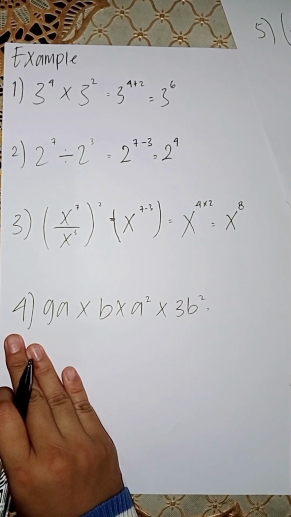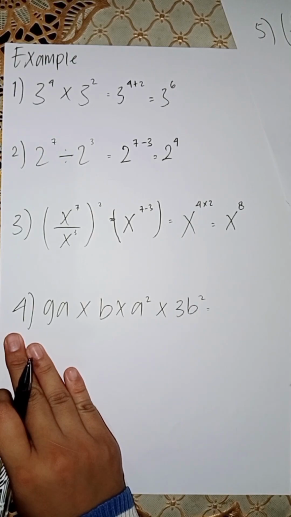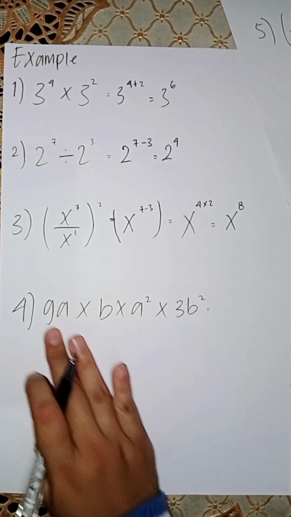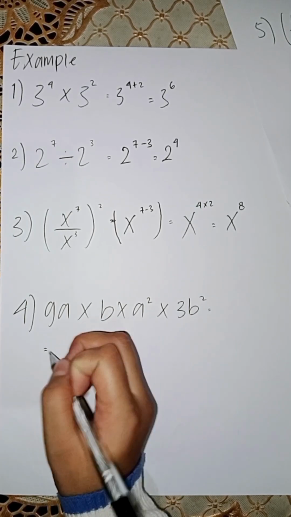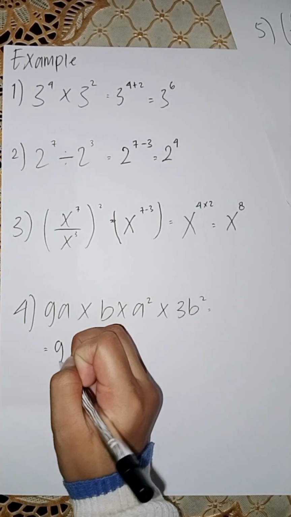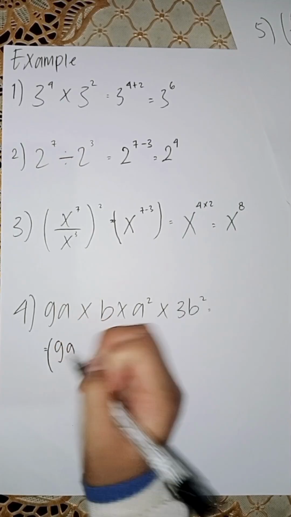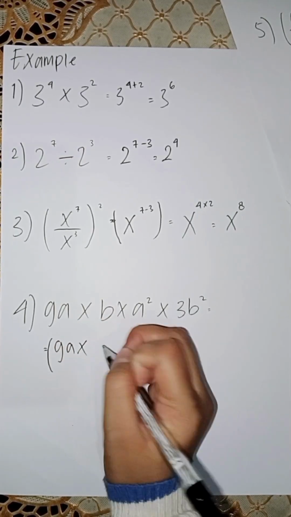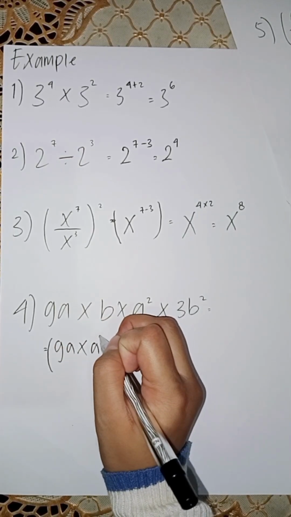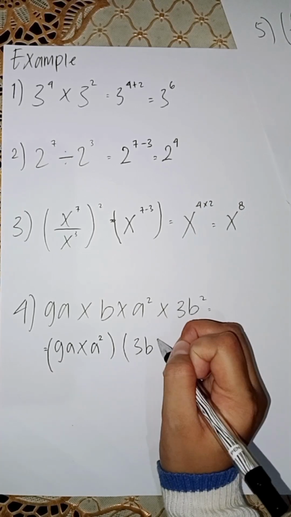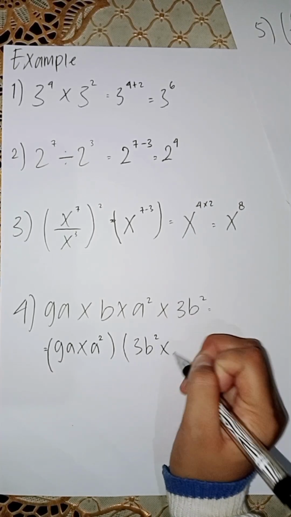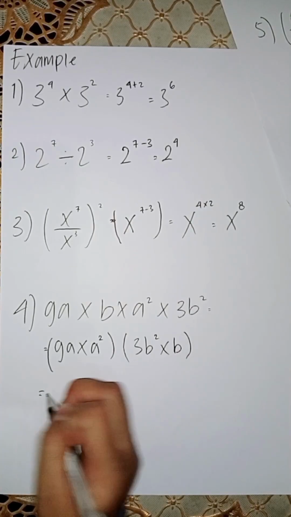The fourth problem is 9a in bracket times a to the power of 2, times 3 times b to the power of 2, times b equals.